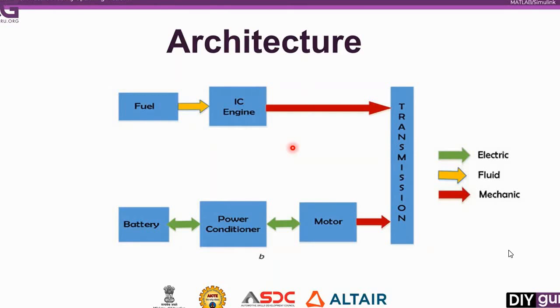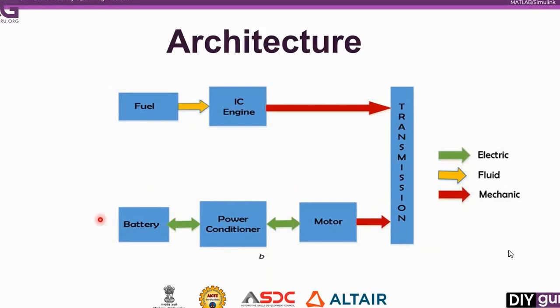They both work in tandem using controllers, the engine control units, and depending on the case they can either provide the necessary power independently, or they can work in tandem to provide the necessary traction to the vehicle.